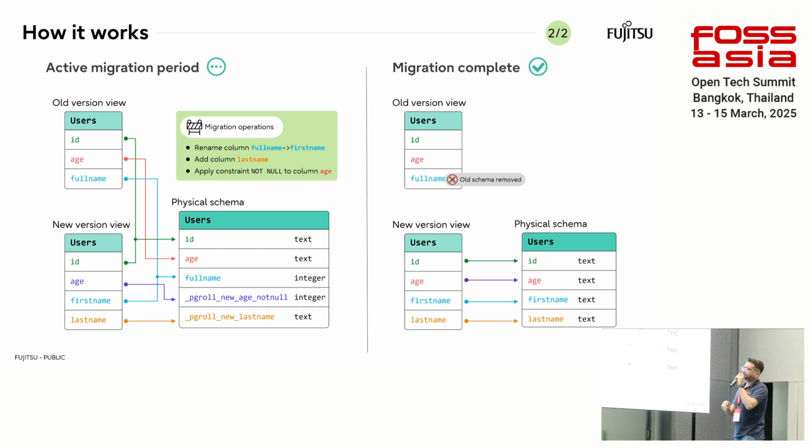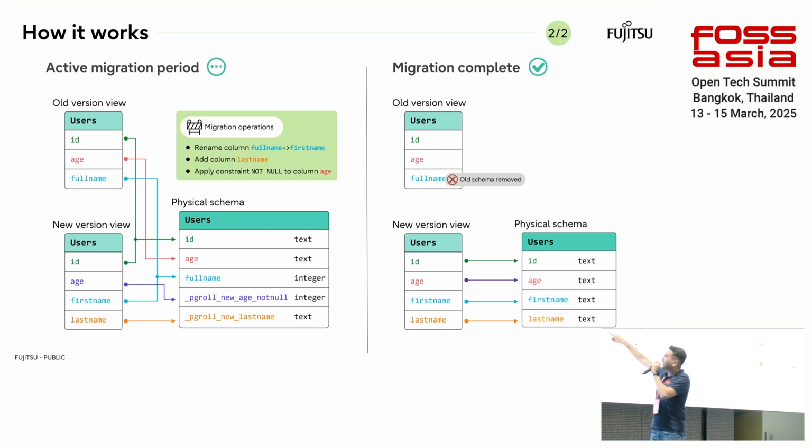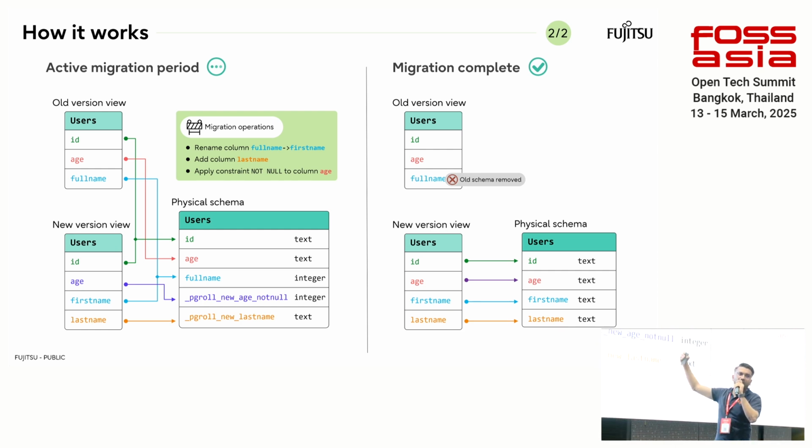Okay, so you can see that after successful creation of the older version of the view, it starts applying all the changes on the physical structure. So you can see that 2 columns are there for age. Because that is a risky change, instead of modifying the age column directly, pgroll will create a new column in the background. And this is a safe change because it's a new column.